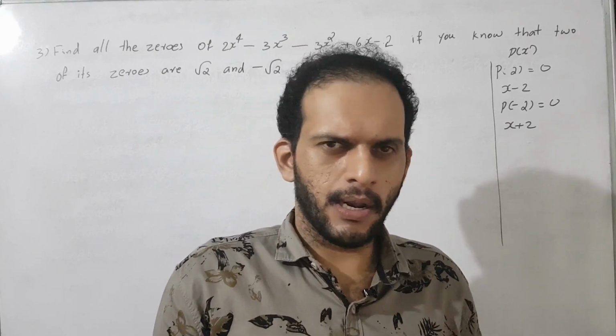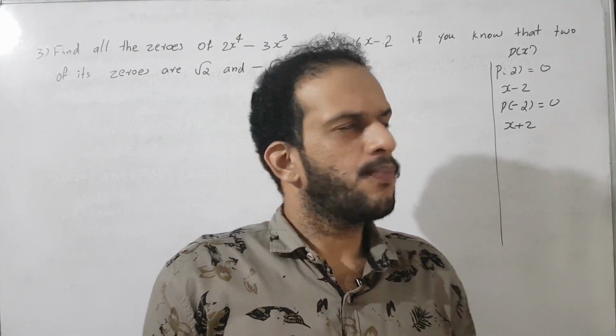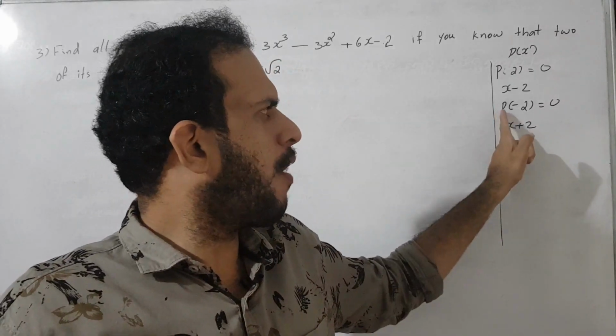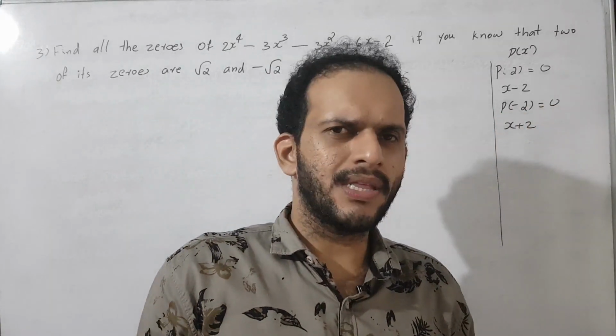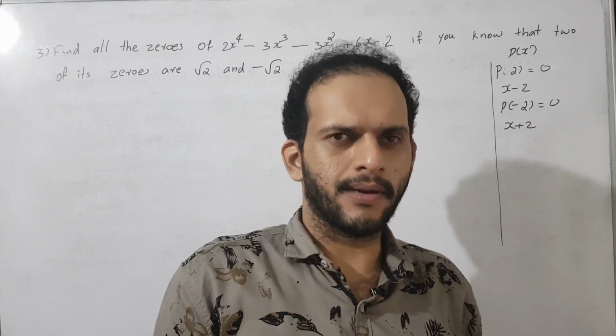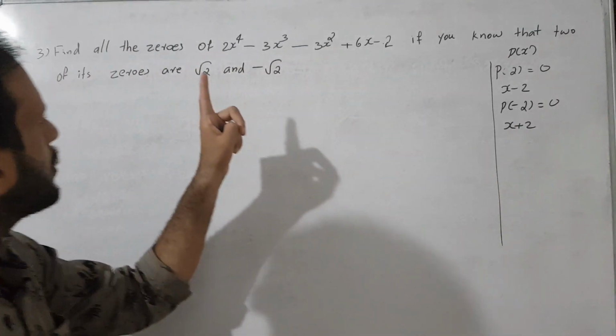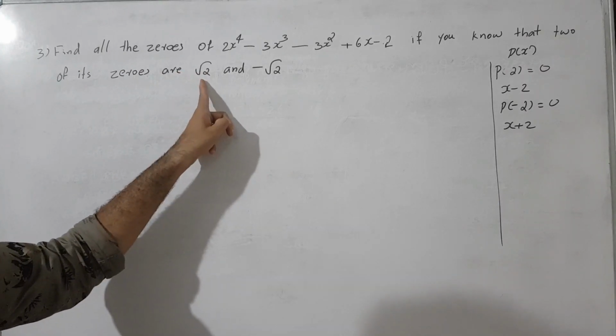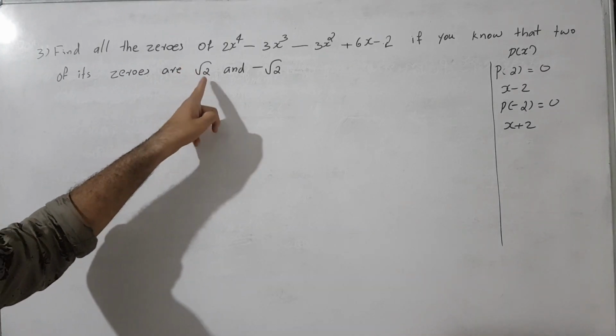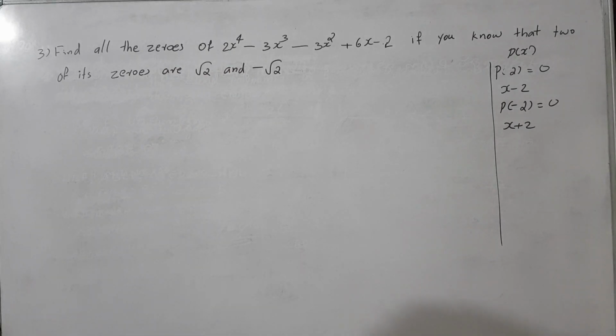We learned this last year, the Factor Theorem. So here also, if p of minus a is equal to 0, what is the factor? x plus a is the factor. Here it is given that root 2 is a zero of the polynomial. That means p of root 2 is 0.